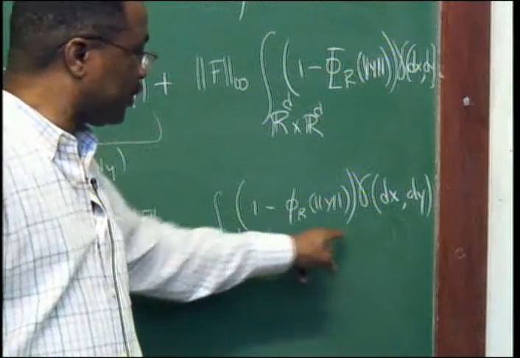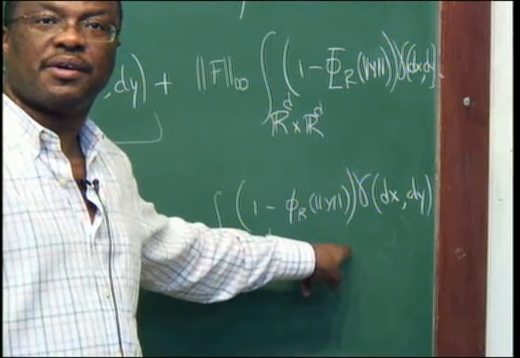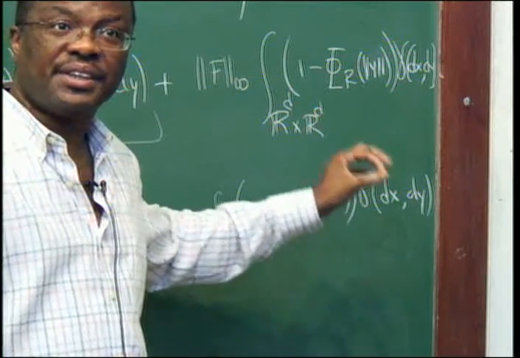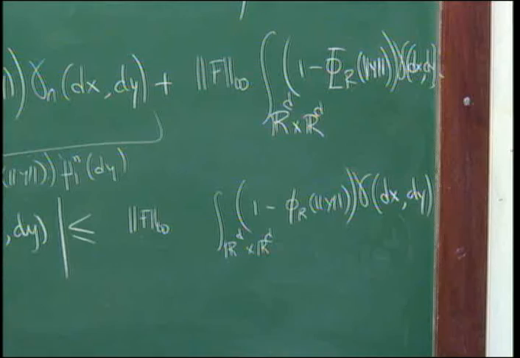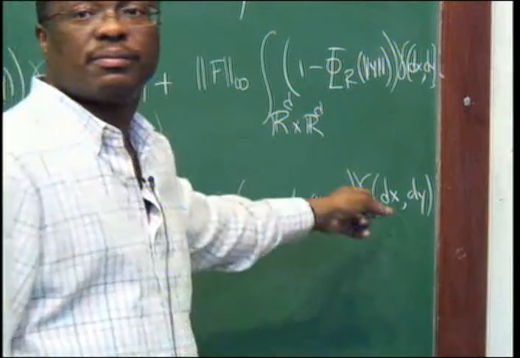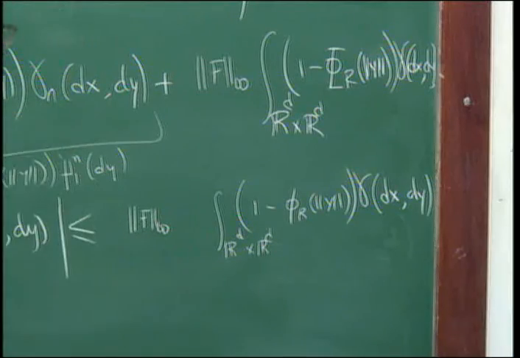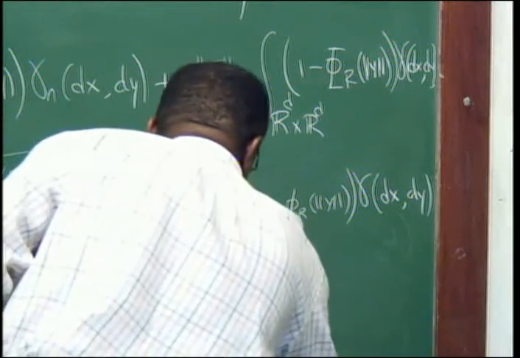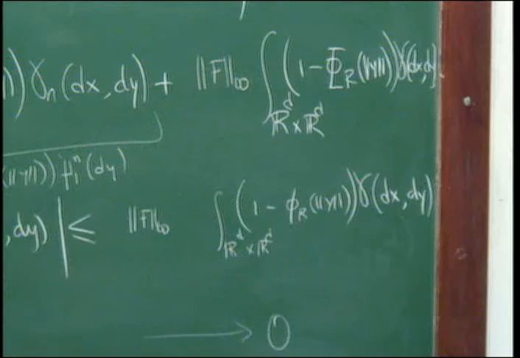I have a function here which is between 0 and 1, and it is less than 1. The Lebesgue dominated convergence theorem tells me that I can pass the limit r going to infinity from outside to inside. When I pass it from outside to inside, this goes to 0. So that goes to 0, which concludes the proof.